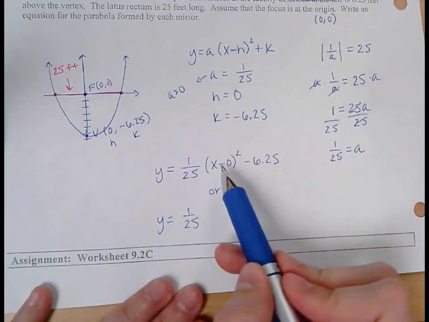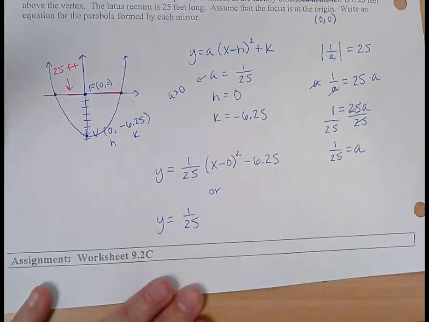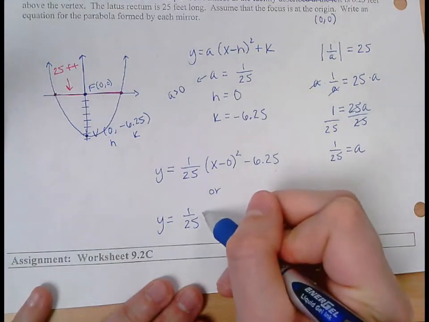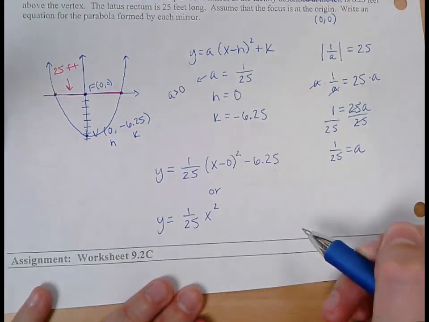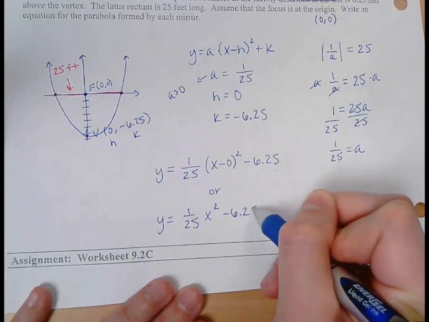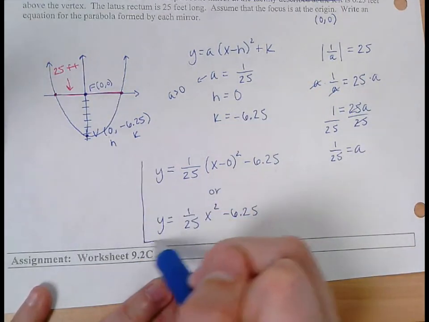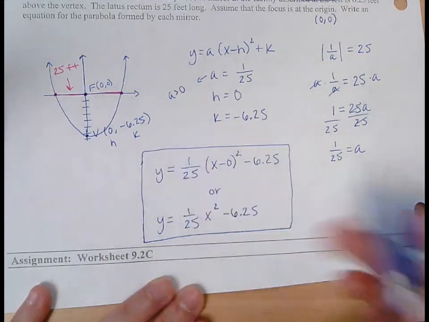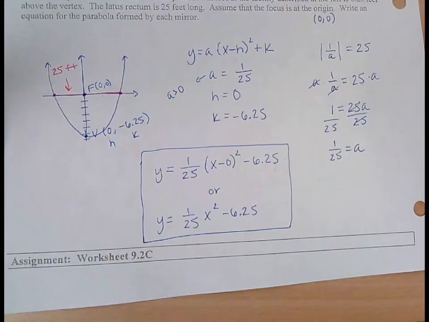Or you don't need to have x minus 0. x minus 0 is just x, so you could just have 1/25 x squared minus 6.25. If you included the 0 and had x minus 0 squared, I would not mark that wrong. So you could have either one. Any questions there?